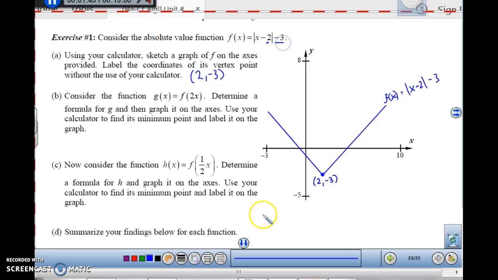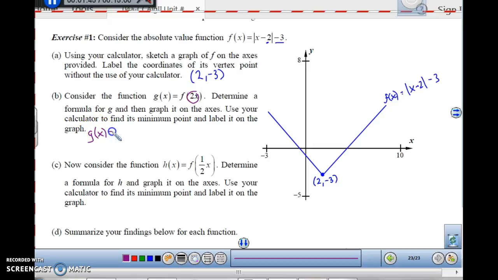Now let's do the function g of x equals f of 2x. Determine a formula for g and then graph it on the axes. So if we take the f of x function and plug in 2x, we can get g of x.